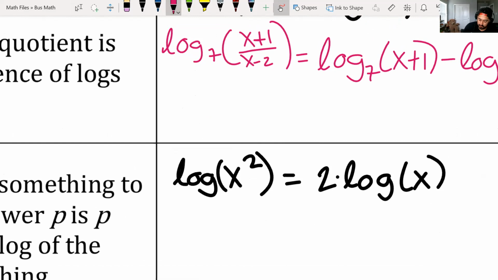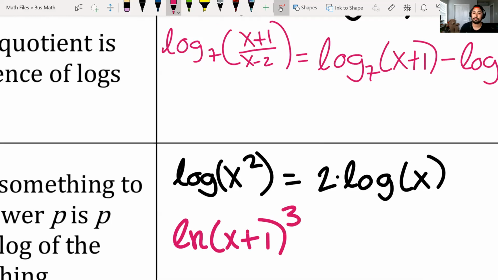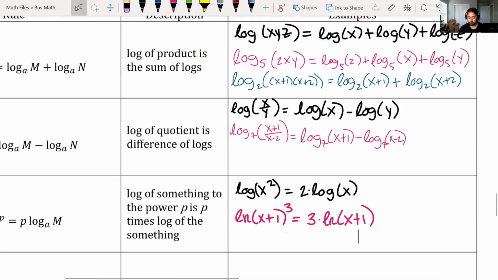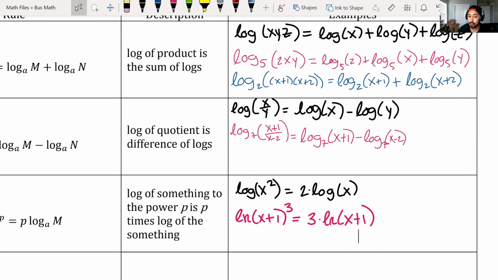Let's say I had natural log of x plus 1 cubed. This would become 3 times the natural log of x plus 1. That's it. That power just comes down. That's how the power rule works. And yes, all these rules work for logs and natural logs.